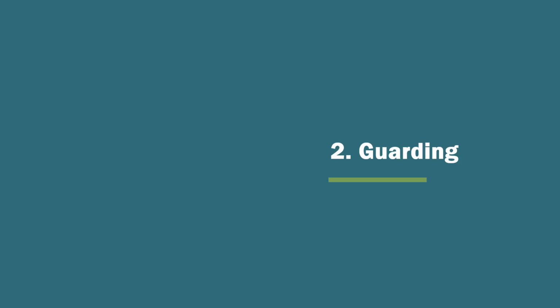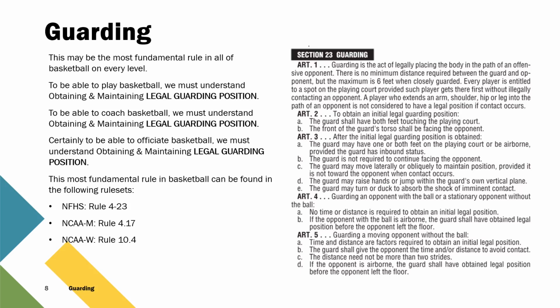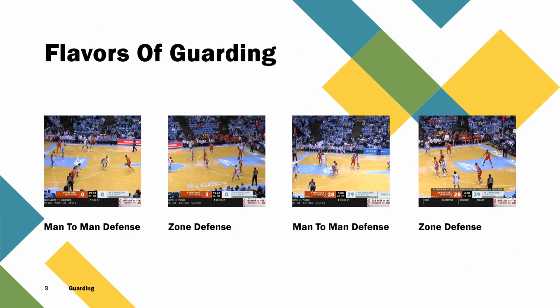Now we're going to get a little bit more in depth into guarding. Stop me if you've seen this slide before. Do you feel the need to go back through it, to reinvent the wheel? I didn't think so. Let's keep going. Here's some flavors of guarding.